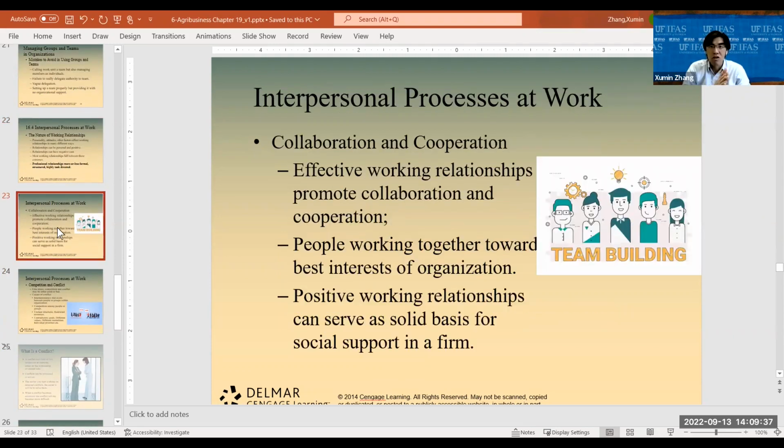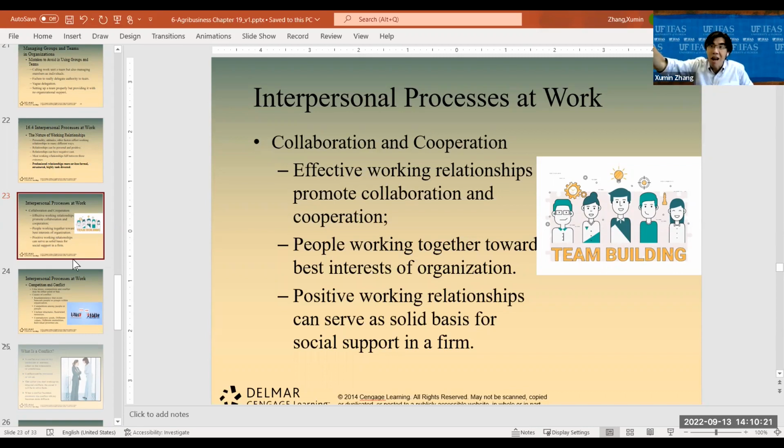When we talk about this interpersonal process, we need to make sure we want the team to collaborate and cooperate together. We want the team to go through these four stages of development. Remember, forming, storming, norming, and then performing, right? We want to move quickly to performing. A good, effective working relationship within the team promotes collaboration and cooperation.